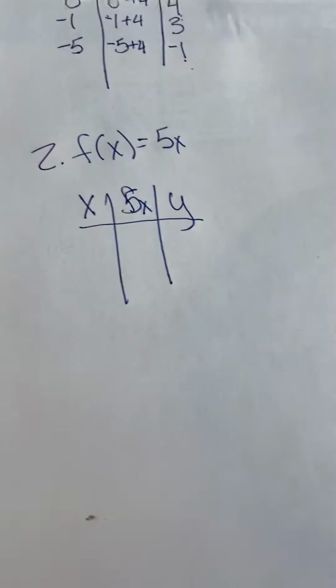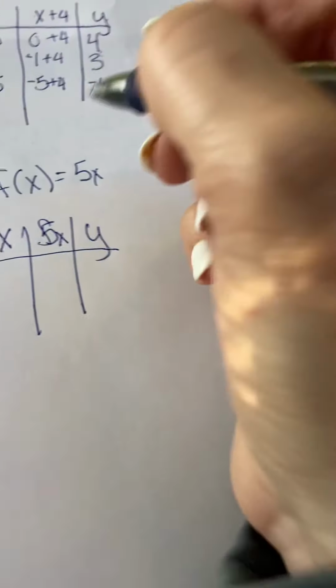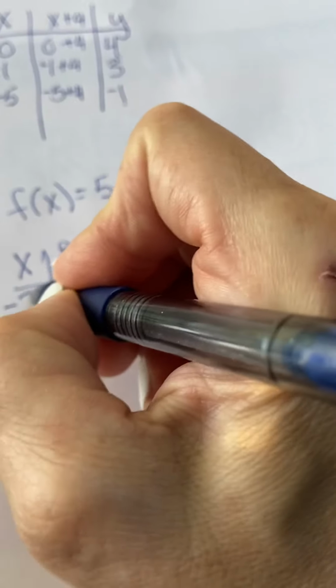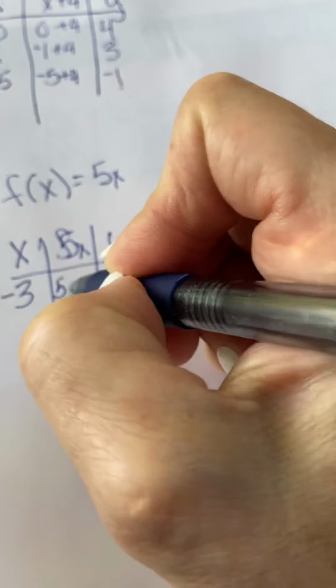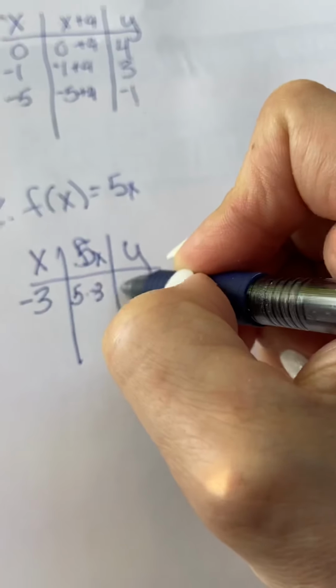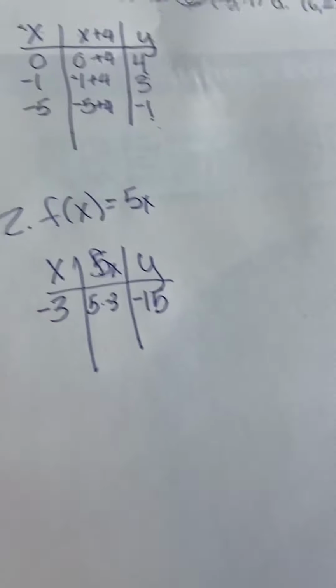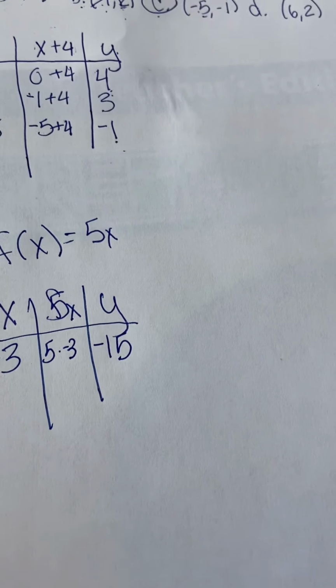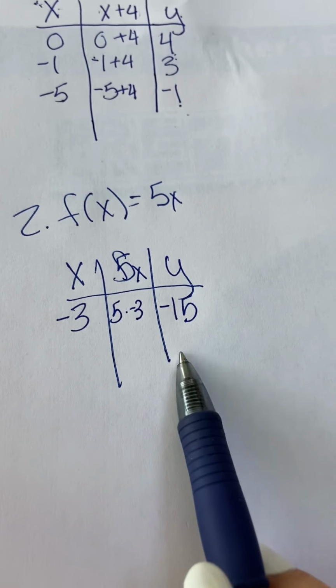Now the first value, they say -3 and 15 for 2a. So I'm going to try -3. 5 times -3 is -15. Now they have +15. So A does not work for number 2.